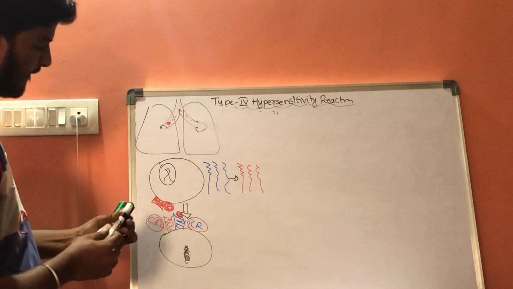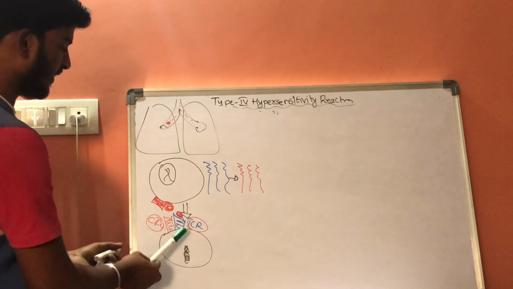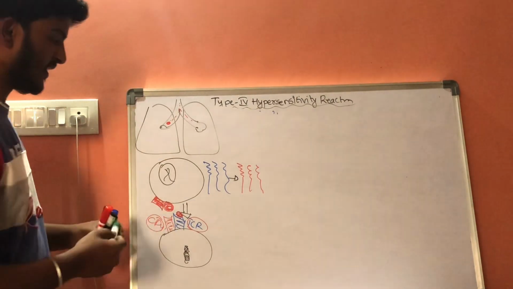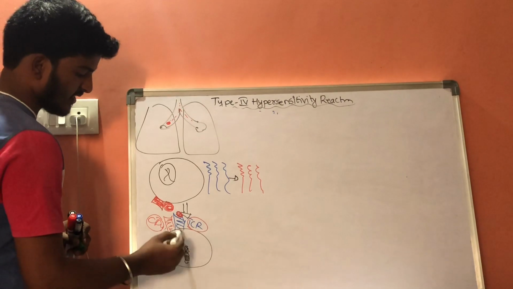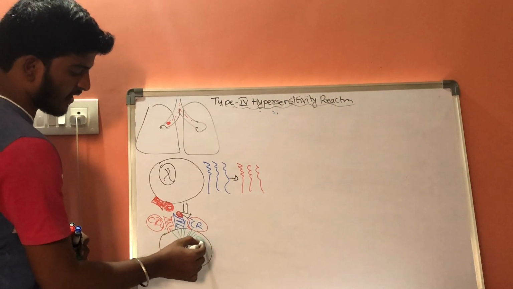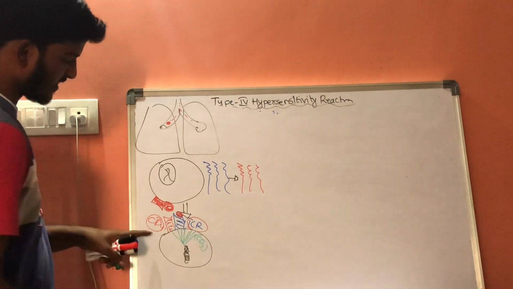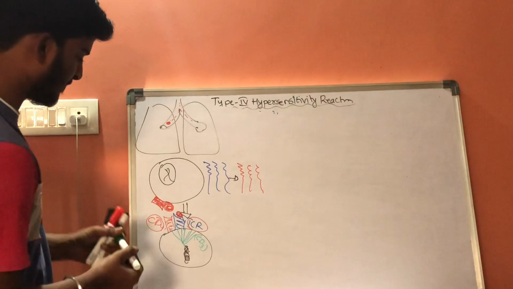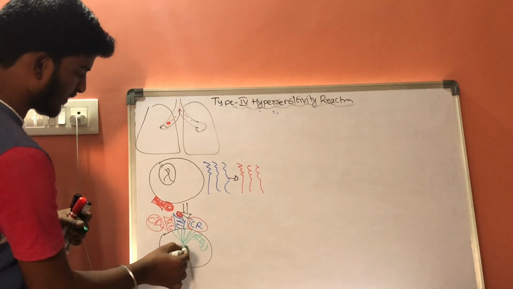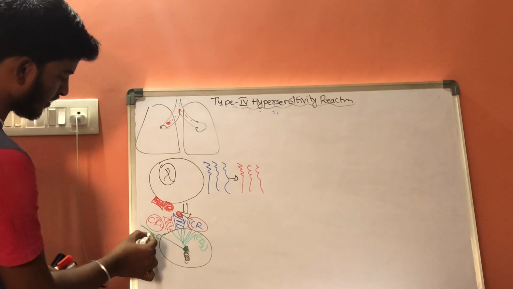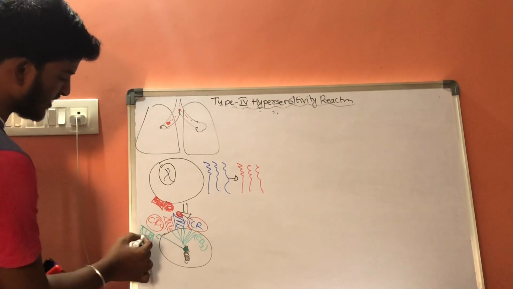Now, when the T helper cell is attached to the antigen presenting cell, internal signals get activated. These internal signals are called CD3 markers. These are CD4 markers and these are CD3 markers. Now, it will activate a special gene, which forms a special protein, that is interleukin 4.